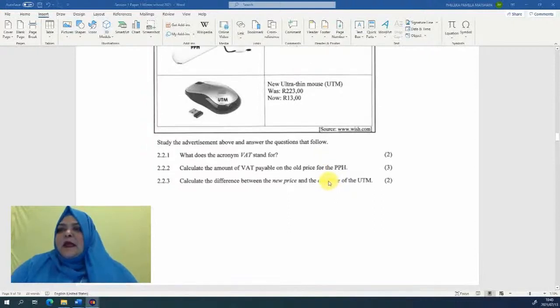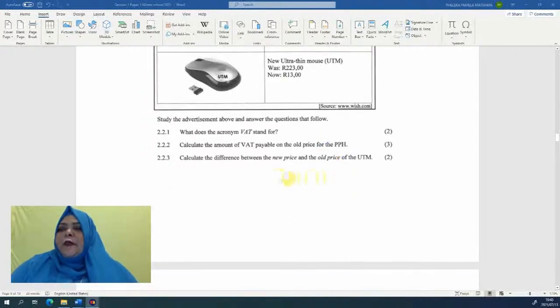2.2.3, calculate the difference. What does the word difference relate to mathematically? The word difference relates to minus. Calculate the difference between the new price and the old price of the UTM.